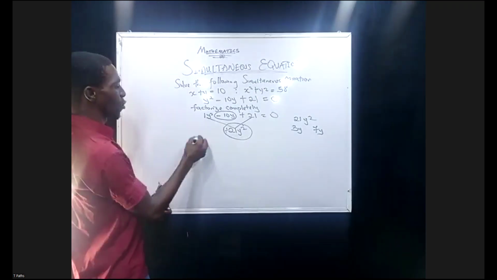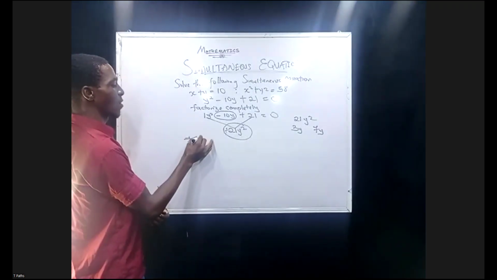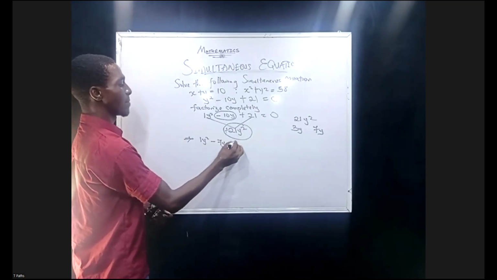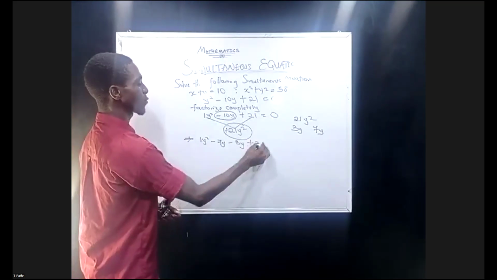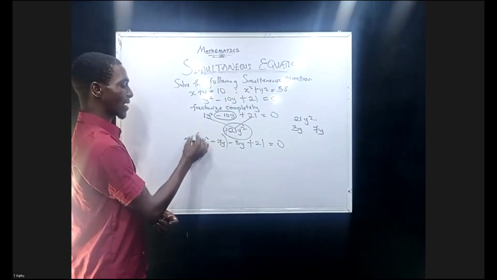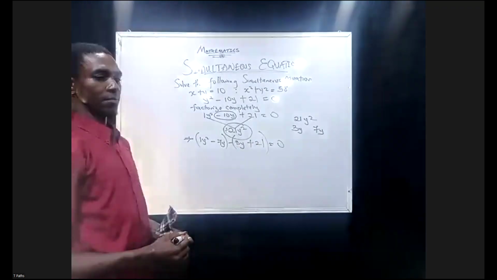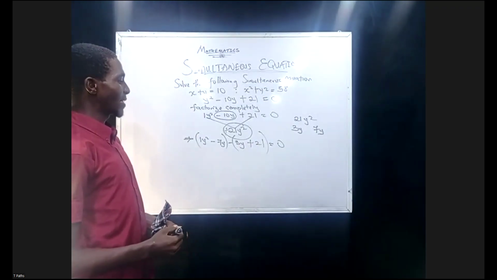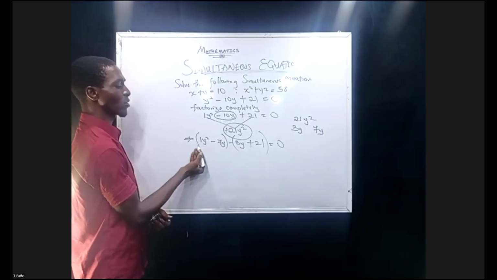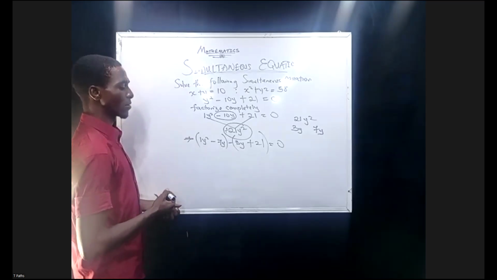Yes. So this implies y squared minus 7y minus 3y plus 21 equals 0. Then from here, we can collect like terms this way. Collecting like terms, what is that value that is common here that we can factor out?